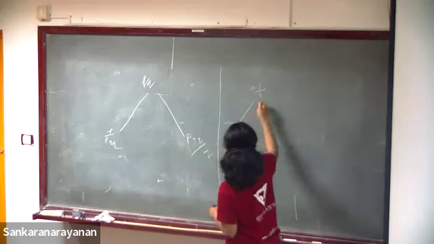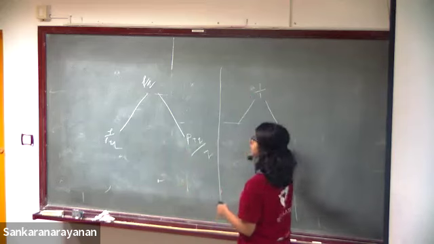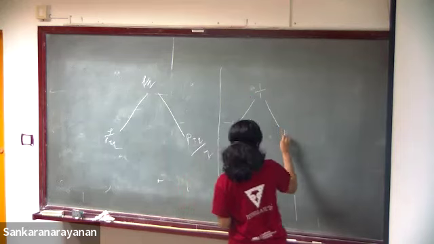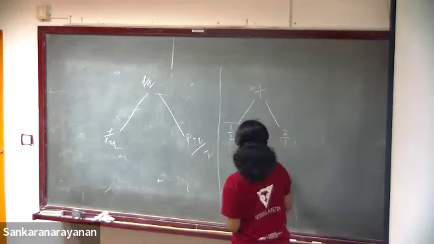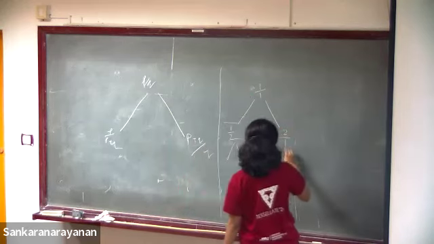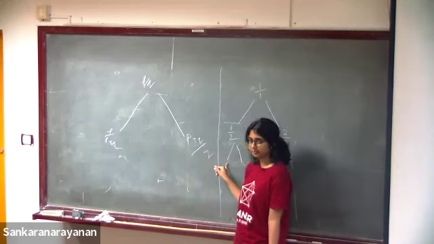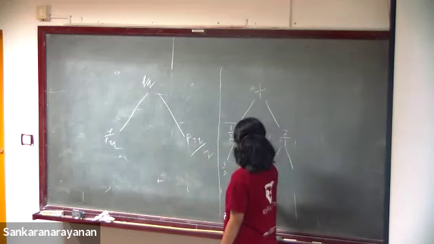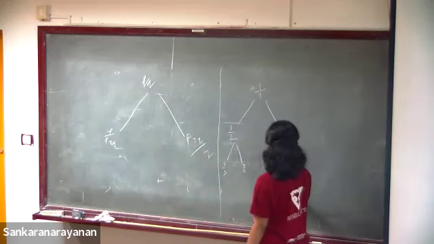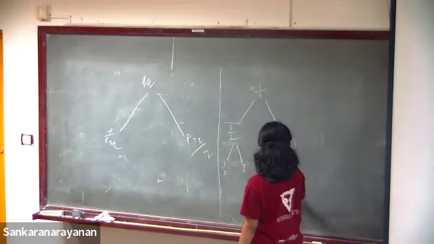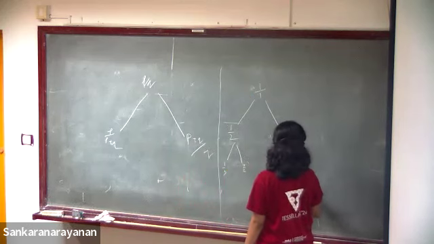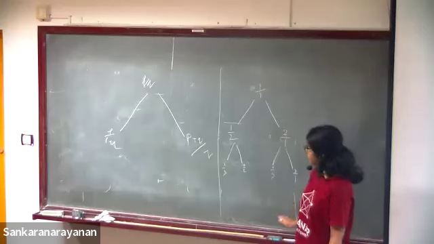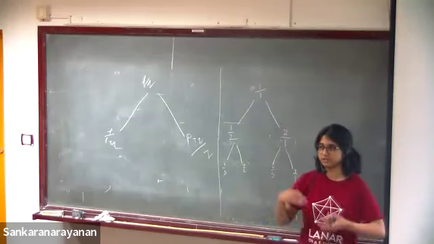So can anyone say what the left node would be and what the right node would be? 3 by 1. Okay.